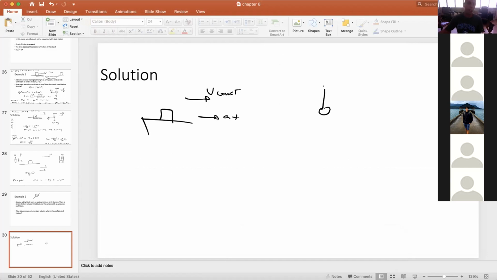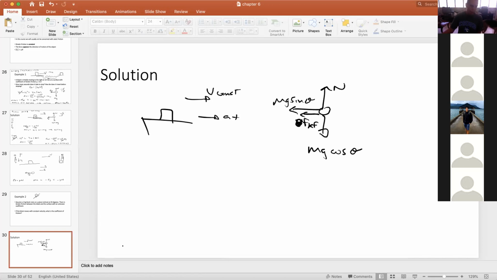If we draw our free body diagram and it's on a plane, mg cos, weight mg sine, and now because we're assuming it's moving that way with constant velocity, force of kinetic friction is here.